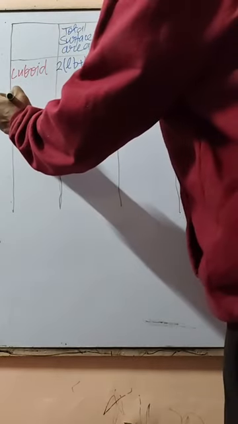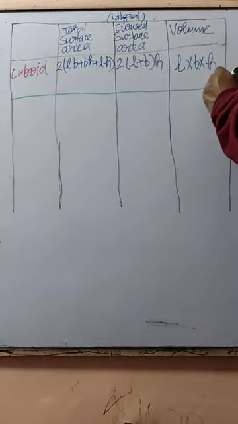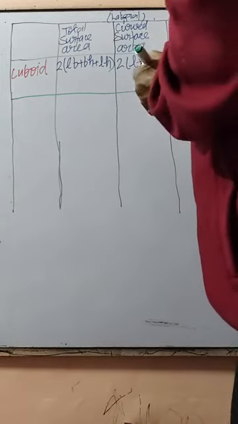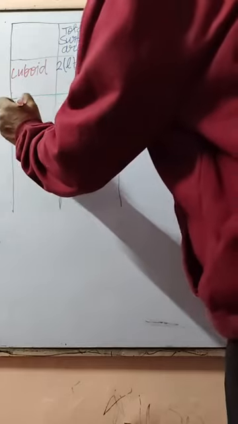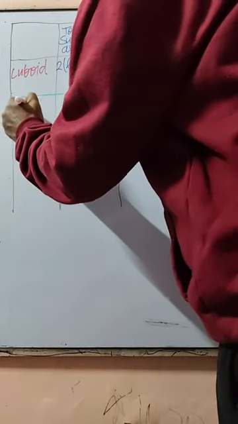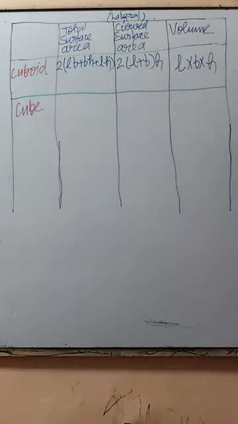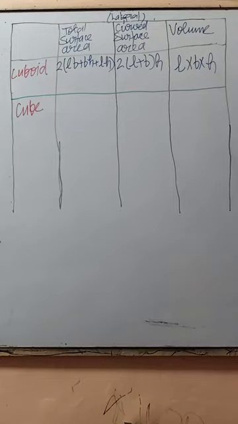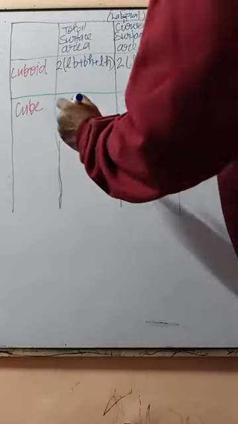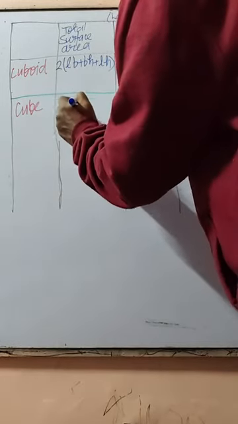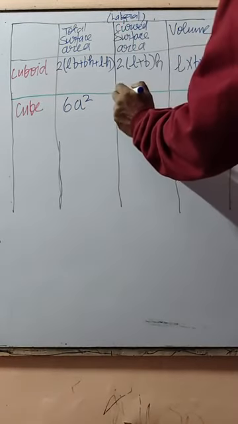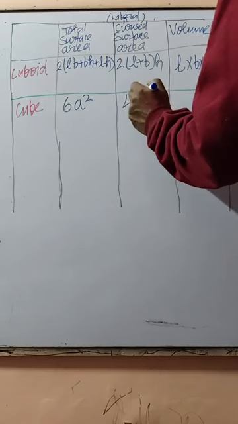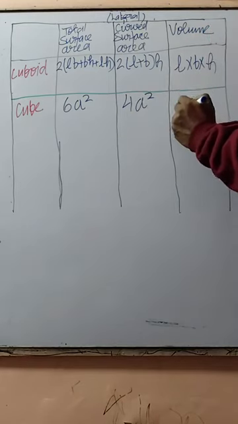This is one. Now we have cube. Total surface area is 6a square. Curved surface area is 4a square. Volume is a cube.